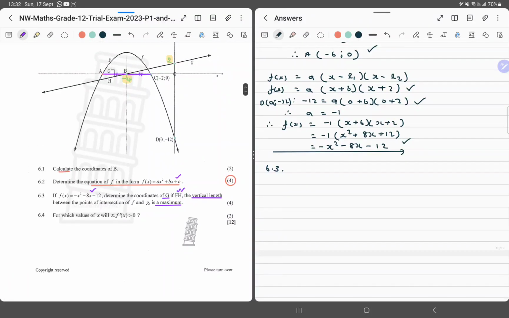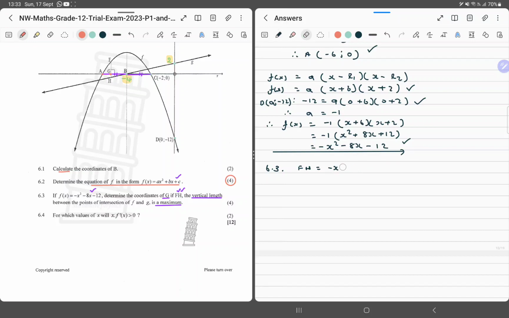The coordinates of G. And you can see G is on the x-axis. So we don't mind. Once we find the x value there, it's important. So first of all, let's look at FH.